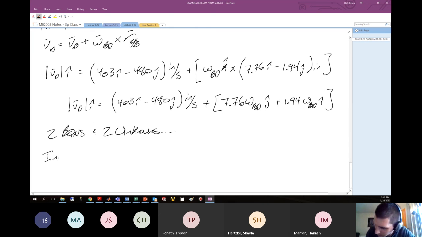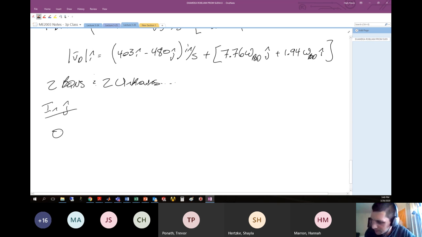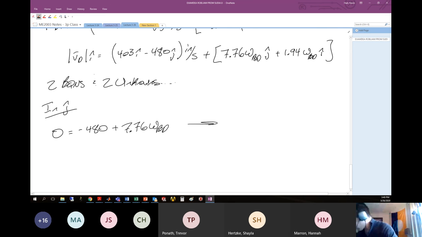So we have 0 on the left-hand side equals negative 480, which is the velocity from translation of B, plus 7.76 omega BD. If I just solve, this will give me the angular velocity of link BD, which is omega BD, is going to be 61.9.